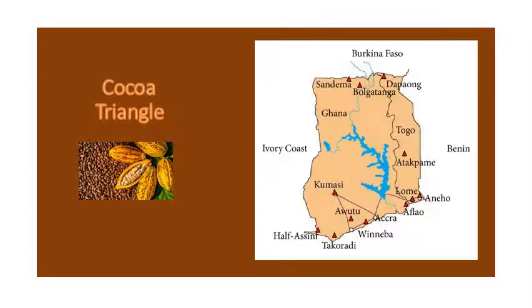In Ghana, the triangular area between Takoradi, Kumasi and Accra towns has a concentration of cocoa plantations, hence called the Cocoa Triangle. Cocoa tree needs a warm wet climate and forest protection. Ghana being in the equatorial belt, all conditions are met.